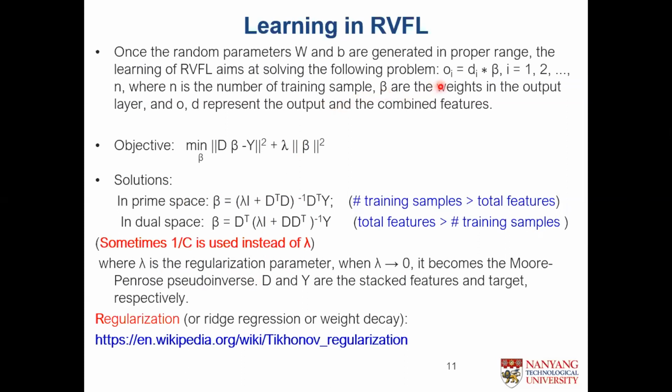Our outputs are computed by dot product between the data and the output weights. Ideally, our output values are expected to match the true labels of the training data.